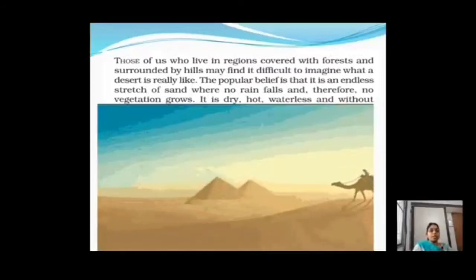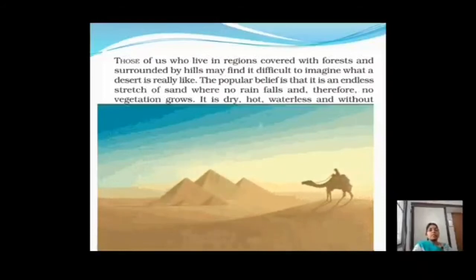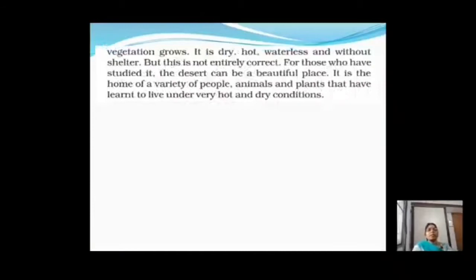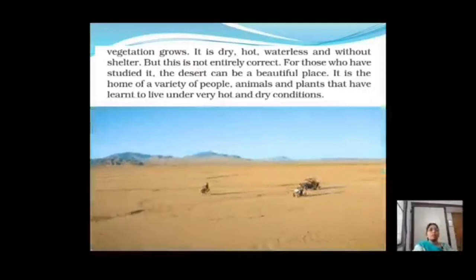Dates. We are getting dates from the desert. Most of the deserts, Saudi Arabia and other deserts. Right? So that means what? Vegetation is there, isn't it? So it is dry, hot, waterless and without vegetation. Right? Waterless. No water means no plants.